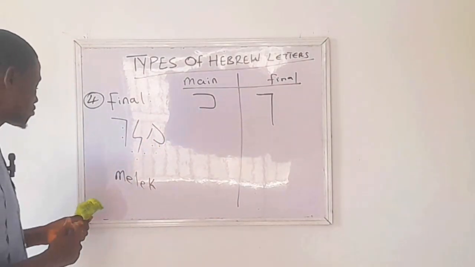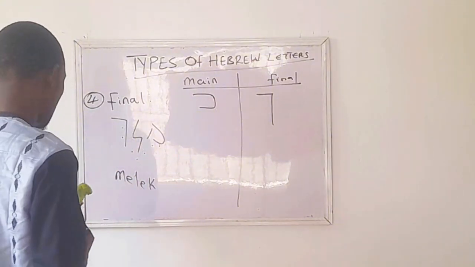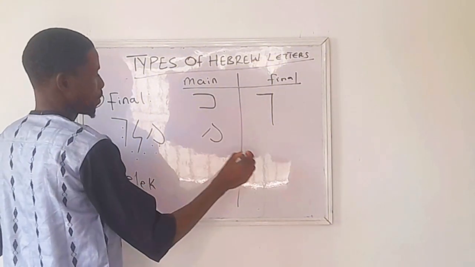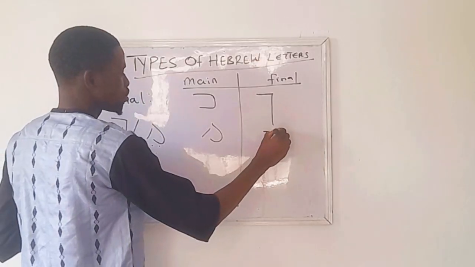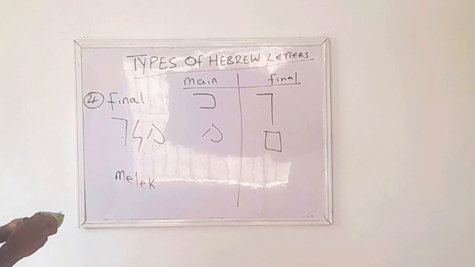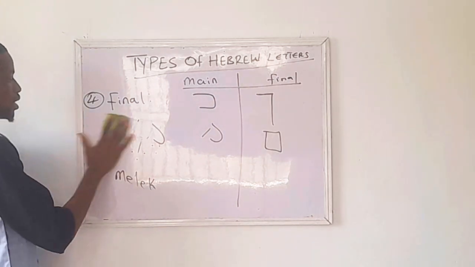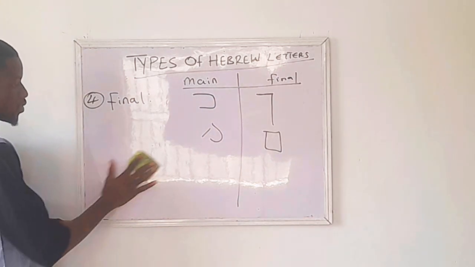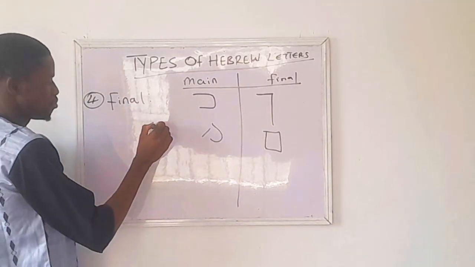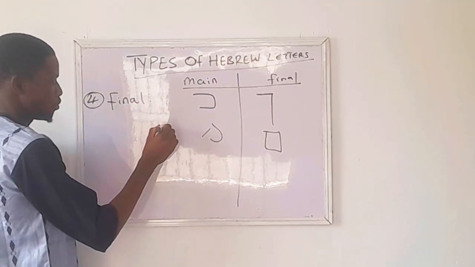All right. Now the number 2 is mem. This is the normal form, but in the final form, it looks more like a box. Mem. Now remember that I gave us a word in the last video where we looked at mayim, the word for water.